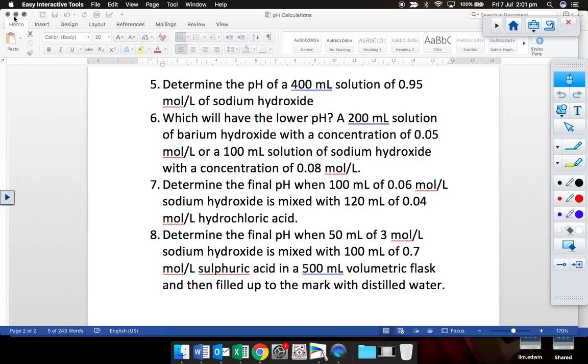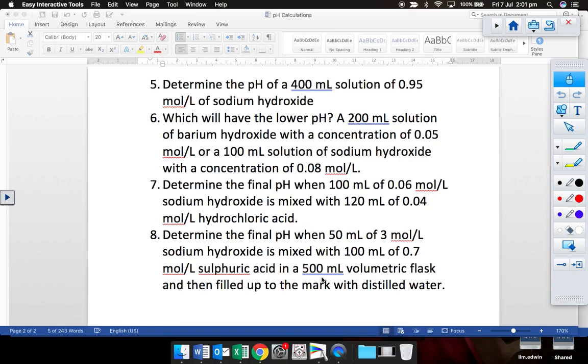Determine the final pH when 100 ml of 0.06 mole per liter sodium hydroxide is mixed with 120 ml of 0.04 mole per liter hydrochloric acid.